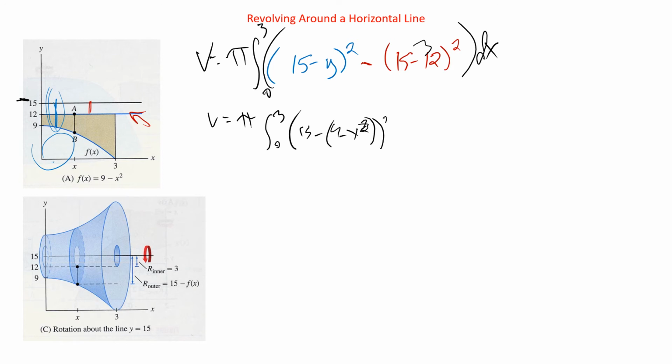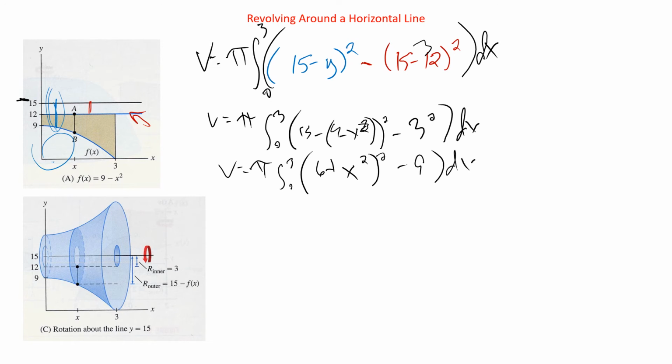Then that'll be squared minus 3 squared dx. 15 minus 9 is going to be 6. I thought the numbers were getting just a little bit too big. So we'll have a 6 plus x squared minus 9 dx. Now we can multiply that out.